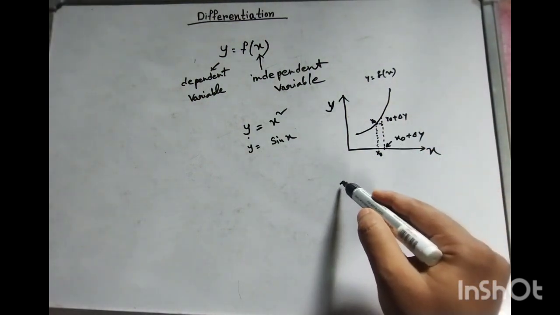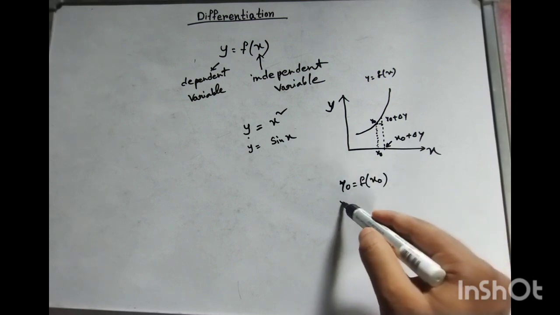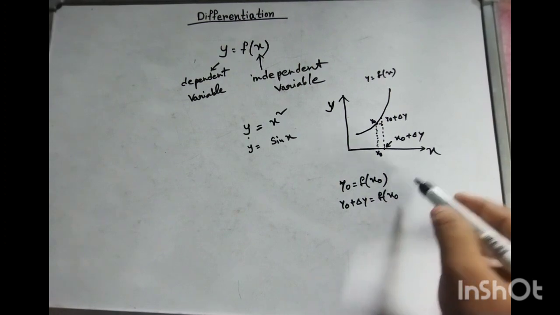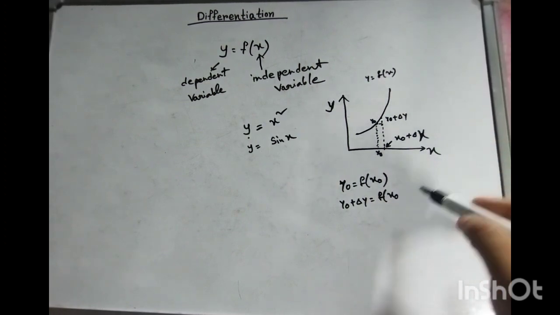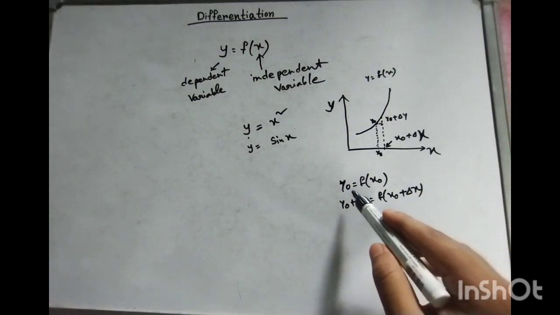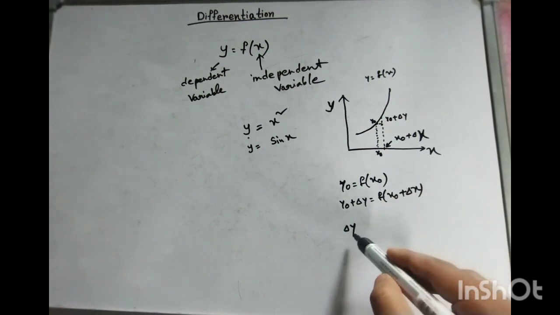So here y naught equals f of x naught and y naught plus delta y is f of x naught plus delta x, and now the change of y is delta y and the change of x is delta x.